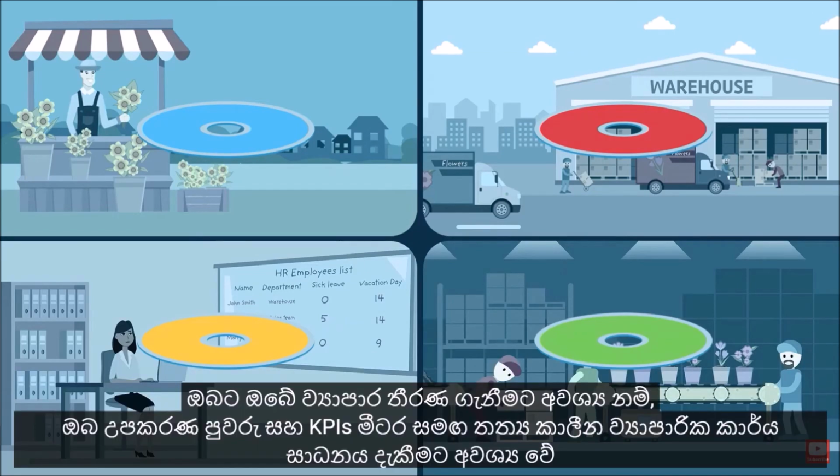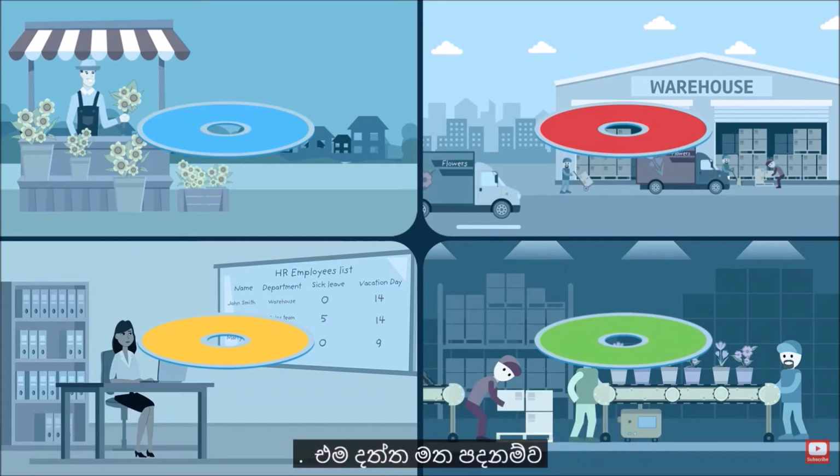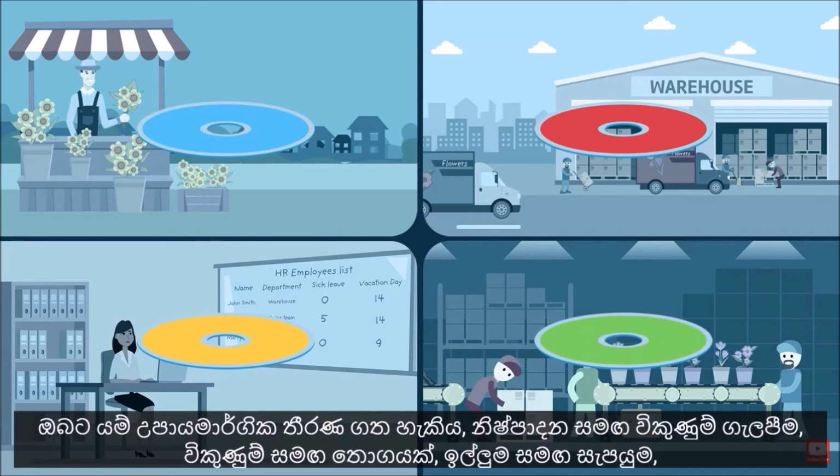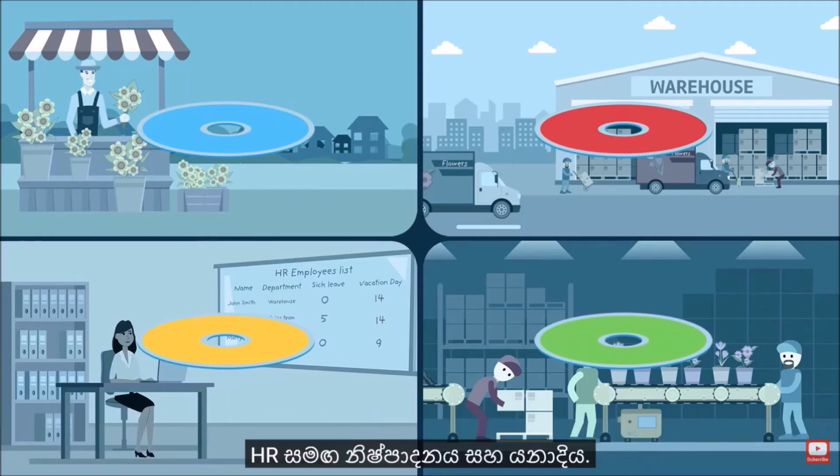If you want to make your business decisions, you need to see the real-time business performance with dashboards and KPI meters. Based on that data, you can make some strategic decisions. Match sales with production, stock with sales, supply with demand, production with HR, and so on.